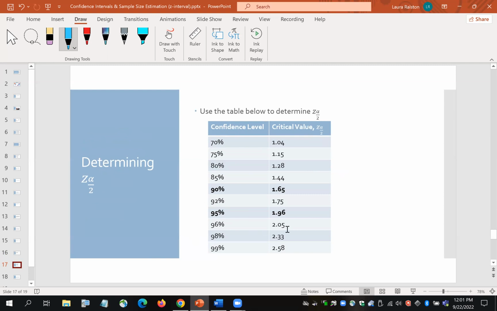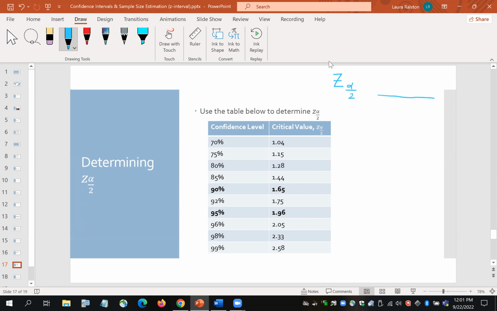To determine your critical value, I've given you a table of those values. And it does look funky. That symbol looks kind of funky. It's the letter Z because it's coming from the normal distribution. The subscript is alpha over 2.